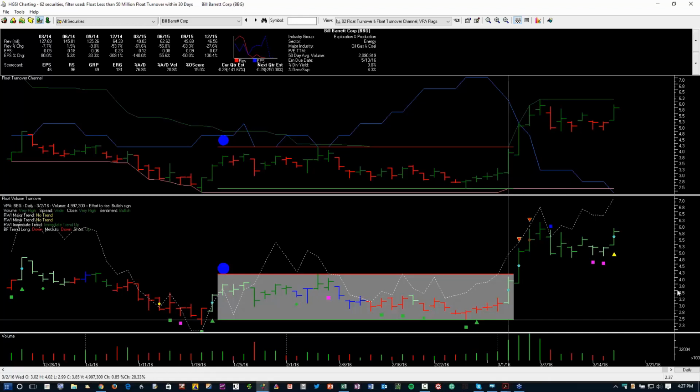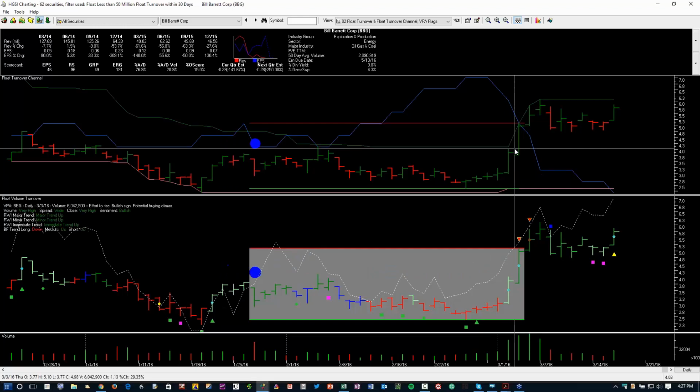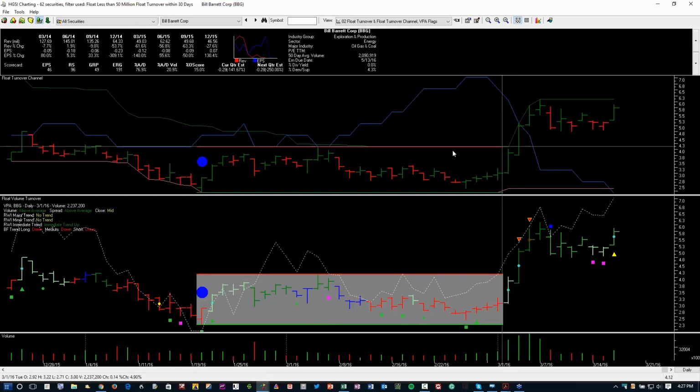It's something down the road. I don't know if I should have mentioned it or not, but don't you think that in conjunction with the VPA it could give us some really beautiful and helpful signal when this float is turning over and when it penetrates this area up here, which defines the boundaries of the highs and the lows to this.